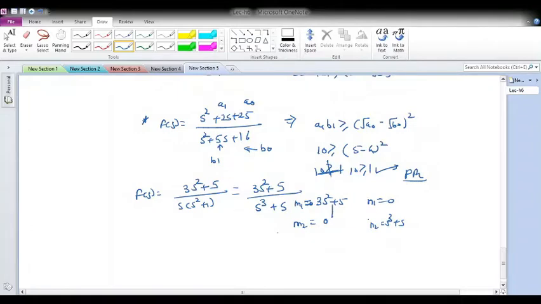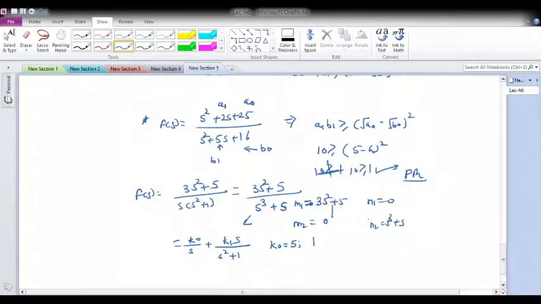Okay, so this is satisfied, but still I have to find the roots or residues, because here it is the ratio of even and odd. So at that time you have to find the residues because there are simple poles. Okay, so k0 plus k1 s over s square plus 1. k0 will be 5.